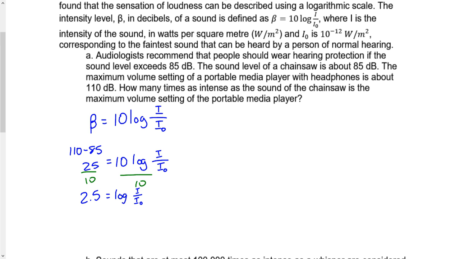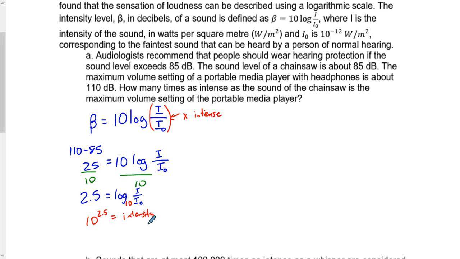And all we're going to do is solve for how many times more intense, which is exactly what this part right here is: how many more times intense it is. Well, a log has base 10. So 10 to the power of 2.5 is that intensity.